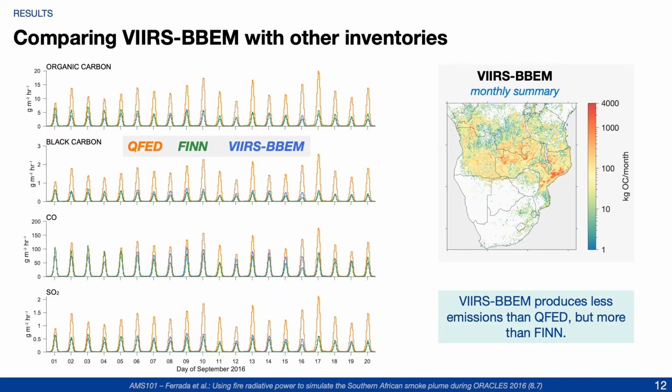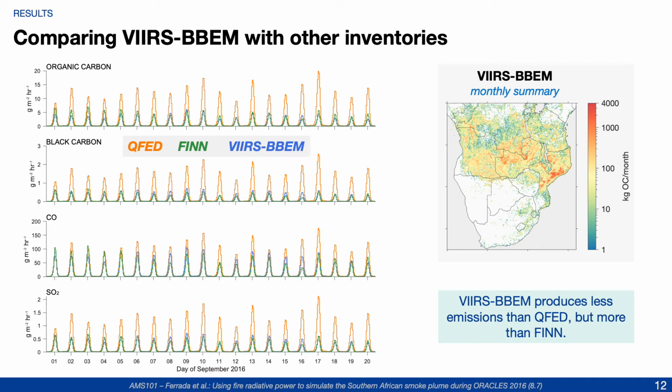This can be explained by the differences in generated emission fluxes from each inventory. Here you see a time series of hourly total emissions for organic carbon, black carbon, carbon monoxide, and sulfur dioxide for the first 20 days of September. The orange colors represent the QFED emissions, and in blue are our custom VIIRS-based emissions.